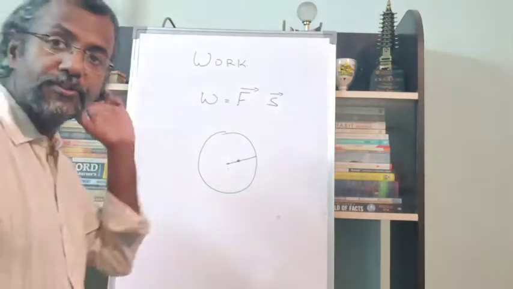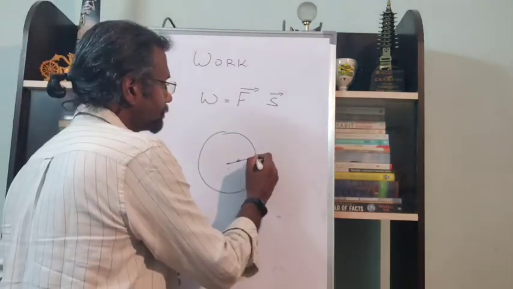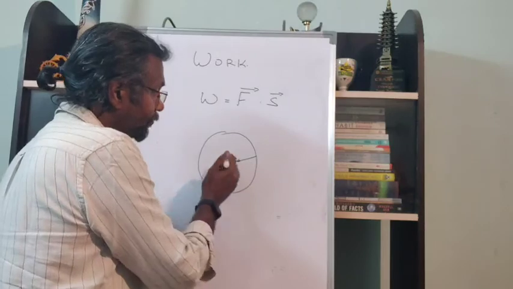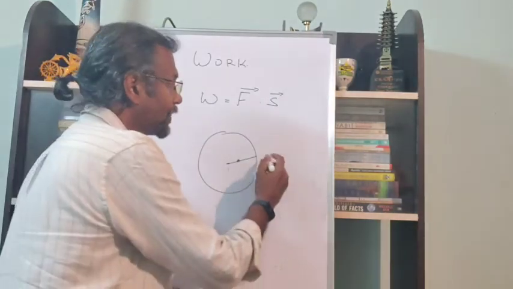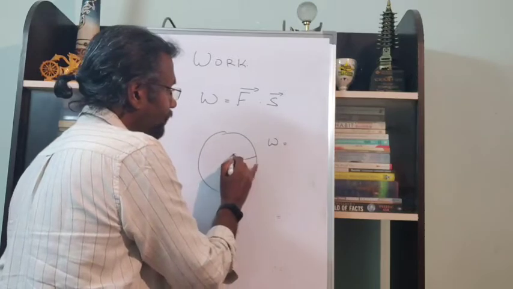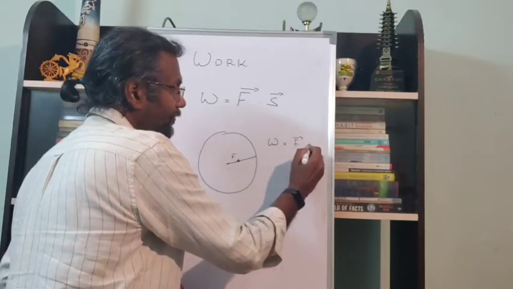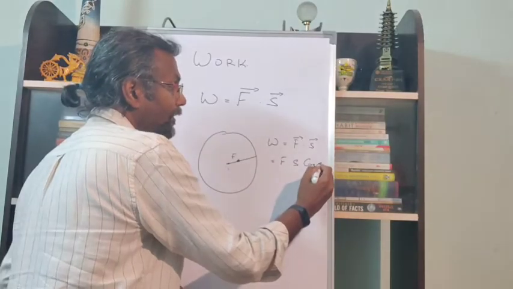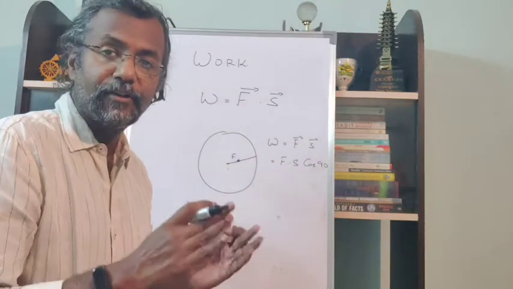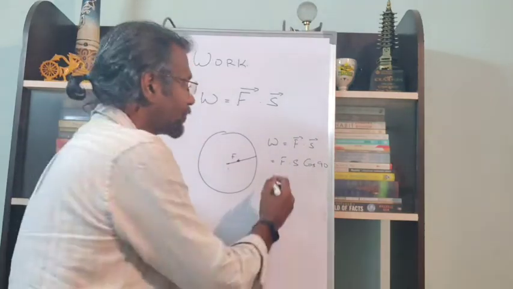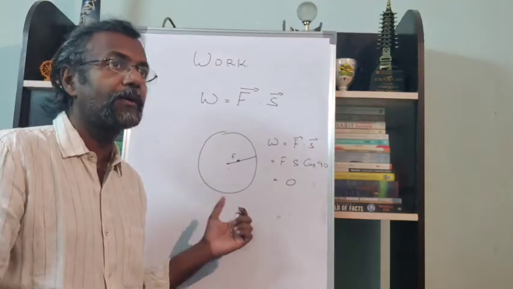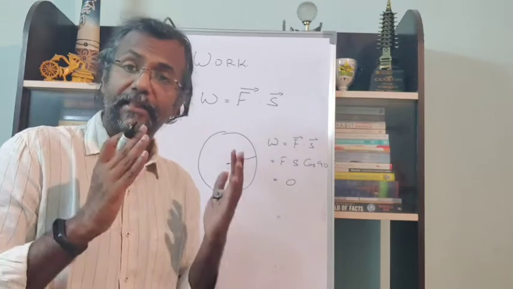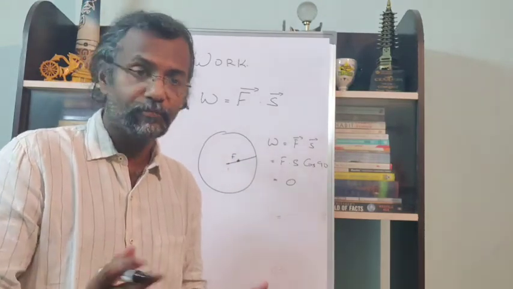When we look at the centripetal force, the displacement acts along the tangent and the force is perpendicular to the displacement. Therefore, if we do F dot S, we find that it becomes F into S cos 90, because the angle between the force and the displacement is 90 degrees. So this is equal to 0. This is another interesting case: where the force and the displacement are perpendicular to each other, the work done will be 0.